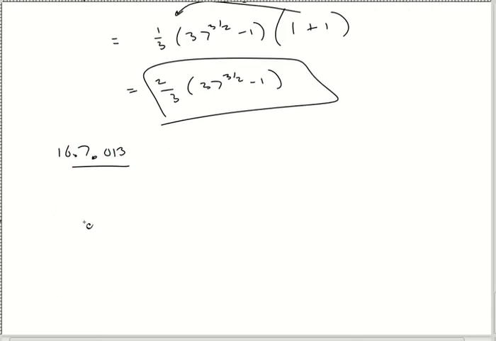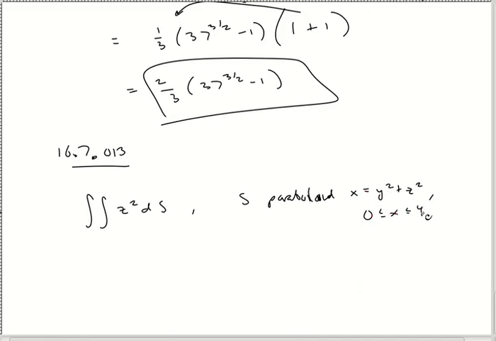167013. I got the double integral of z squared dS. And it says that S is a paraboloid, x equal to y squared plus z squared, and they're saying that x is from 0 to 4, and they want us to use g equal to x equal to y squared plus z squared.